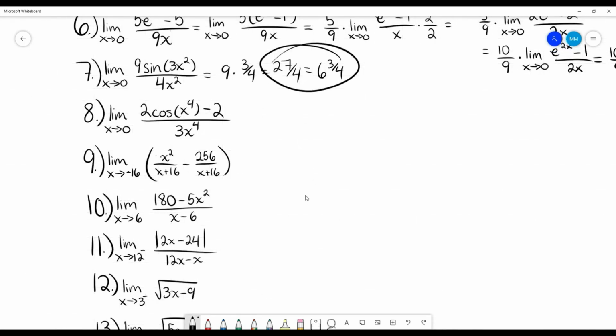All right, now we've got some more laws of limits going on here, some more limit rules, things that we have to memorize, unfortunately. So for number 8, we've got this function here. And the first thing that I'm going to do is not rewrite it.